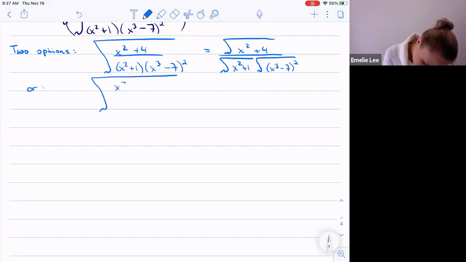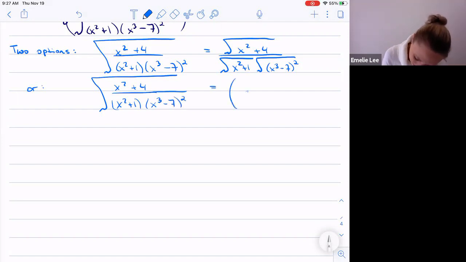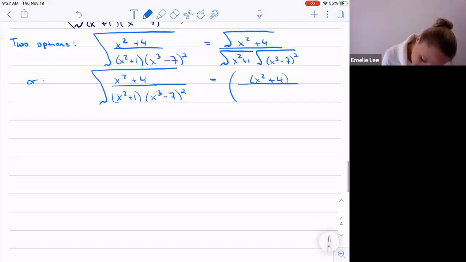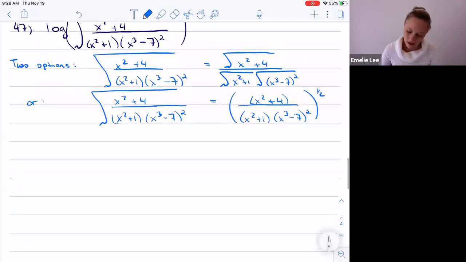So, or same deal here, x squared plus 4 over x squared plus 1 times x to the 3 minus 7 squared. Well, I can write that all as x squared plus 4 divided by x squared plus 1 times x to the 3 minus 7 to the 2, all to the power of 1/2. Okay.